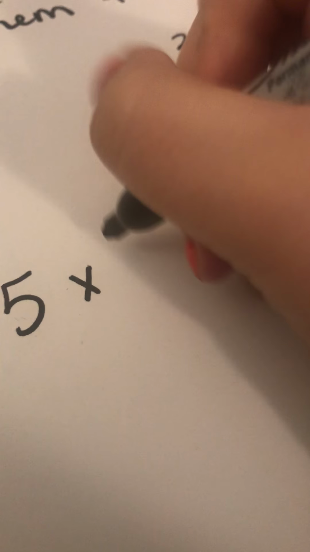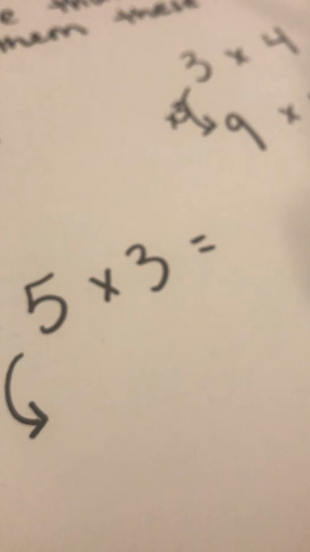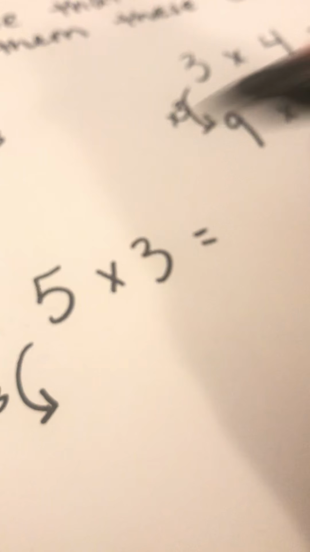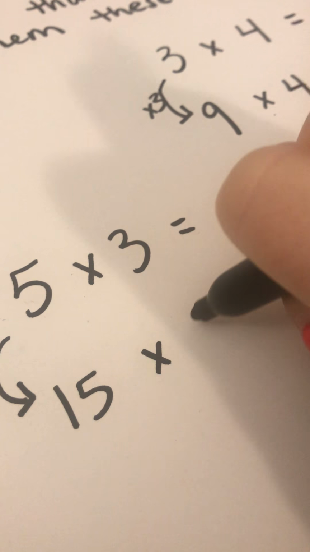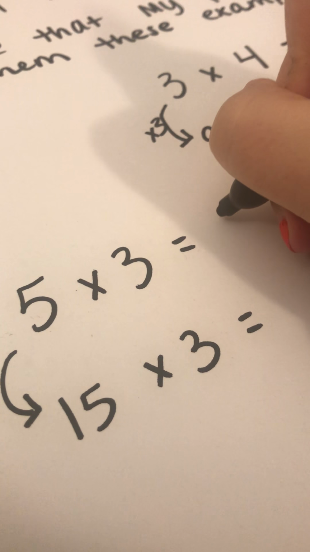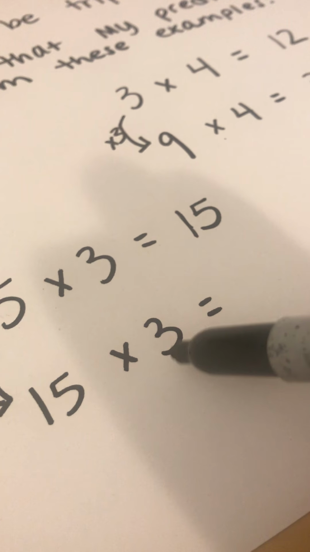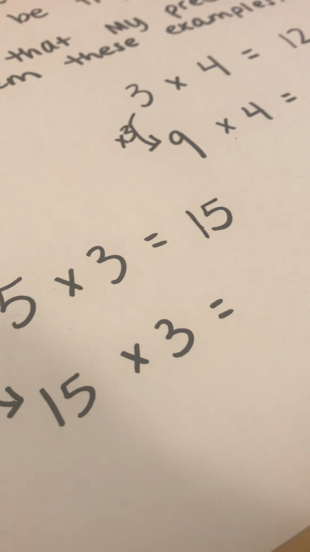Let's do 5 times 3 this time. Okay, so let's triple the 5. 5 times 3 is 15 times 3. So I know 5 times 3 is 15. What if I don't know 15 times 3 off the top of my head?